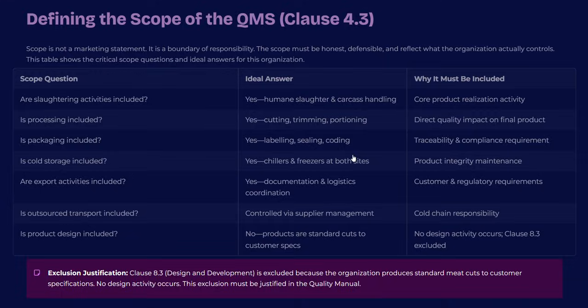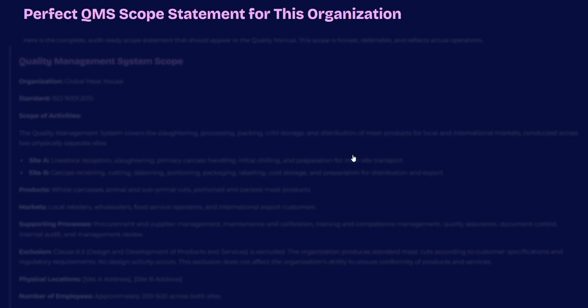Now let's see how we can write this scope. So here is a complete audit-ready scope statement that should appear in the quality manual. This scope is honest, defensible, and reflects actual operations, and you can reflect this scope in your organization, tailor it to your organization.